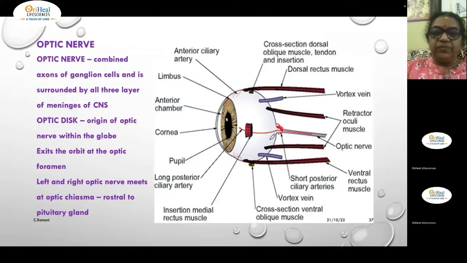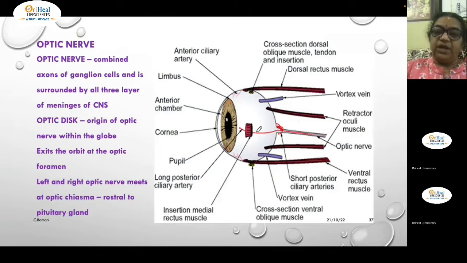Now comes the optic nerve, which is the combined portions of, as we said about, the neurosensory retina. So the combined axons of the ganglion cells will form the optic nerve, and it is again surrounded by the meninges. The meninges are a continuation towards the forebrain, and you will also find it is a continuation of the dura mater.